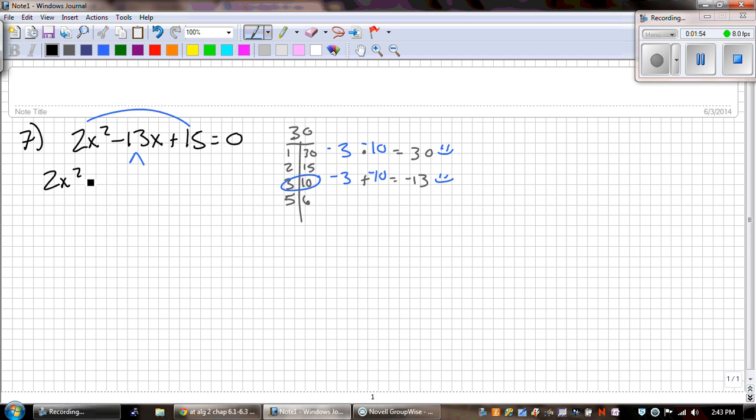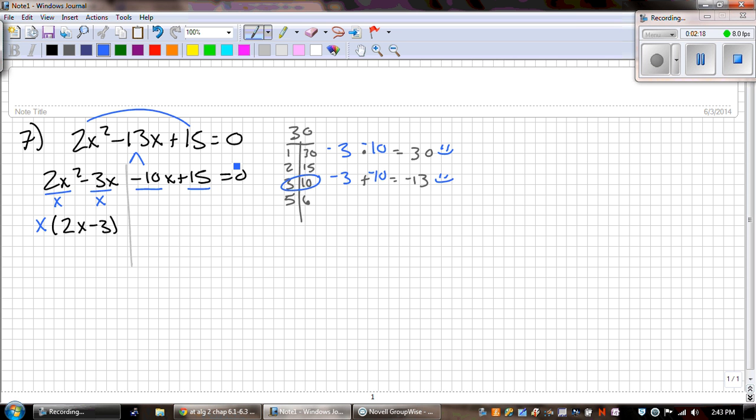We have 2x squared minus 3x minus 10x plus 15 equals 0. And now we break it up. The GCF of the first group is x. The x comes out front, and then the remainder, 2x minus 3.